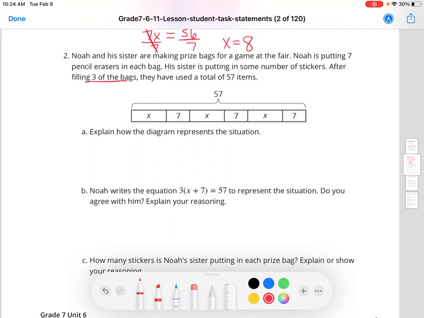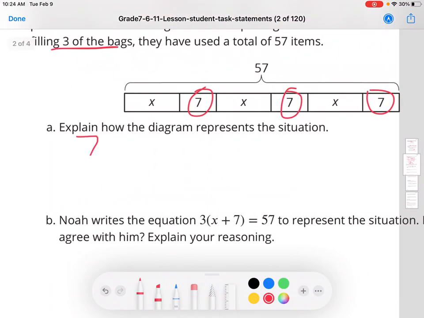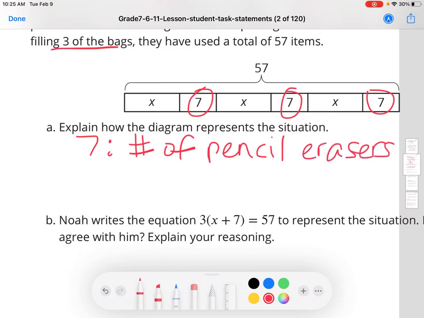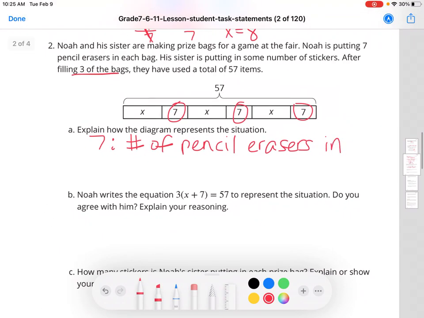Okay, so it says they're filling 3 bags. So I know that Noah put 7 pencil erasers in each bag. So my 3 7s represent the number of pencil erasers in each bag. And then it tells me that Noah's sister added in a number of stickers.